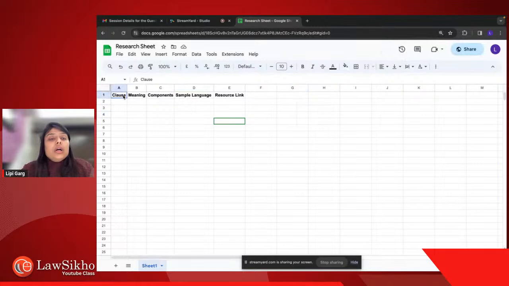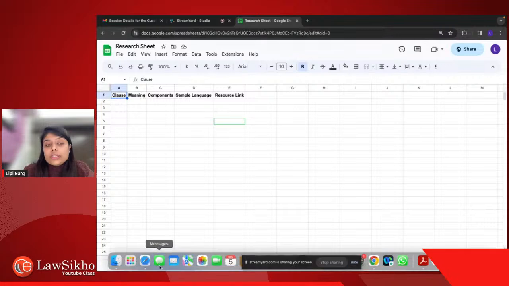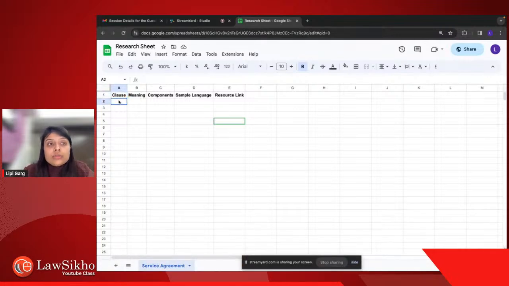What I do in my research sheet is, let's say I receive a query for a service agreement. And not only when you receive a query, you can do this exercise when you're free or starting out your freelancing services. You rename the sheet here, then you come to clause, and let's say you write here scope of services.